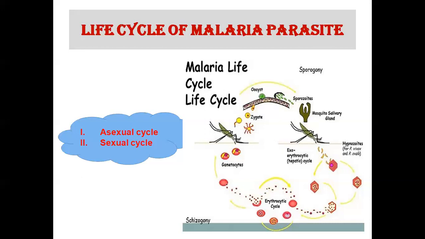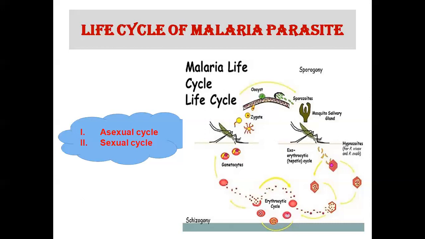Again I repeat: first of all, an infected Anopheles mosquito bites a normal person, and this mosquito releases sporozoites into the circulation of this person. Then the sporozoites are carried to the liver, where they are converted into merozoites. These merozoites are released from the liver and come into the circulation again.